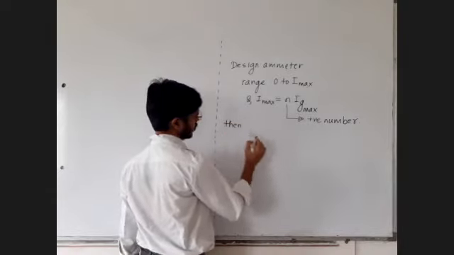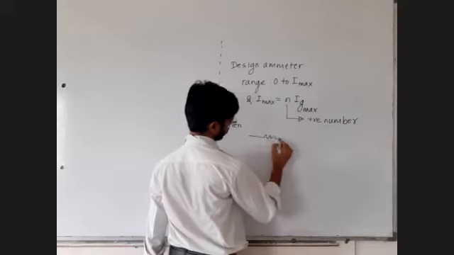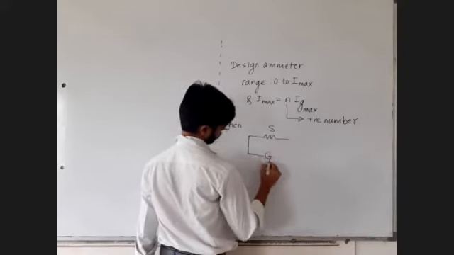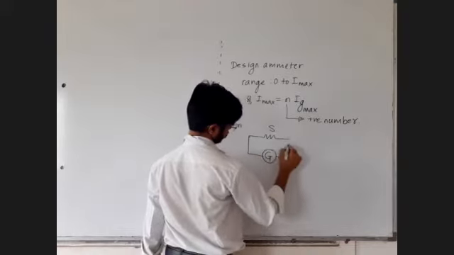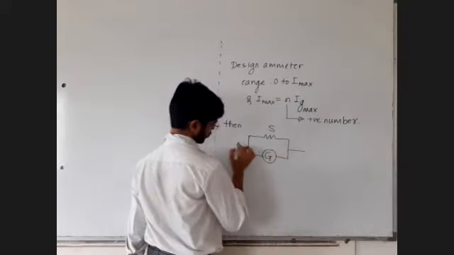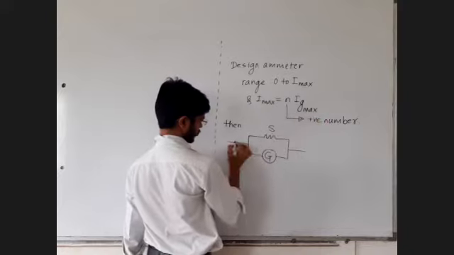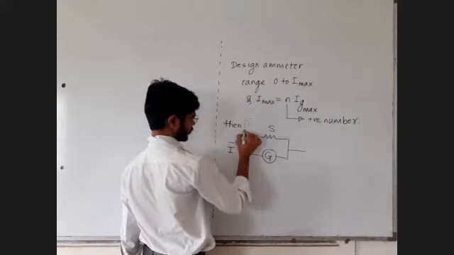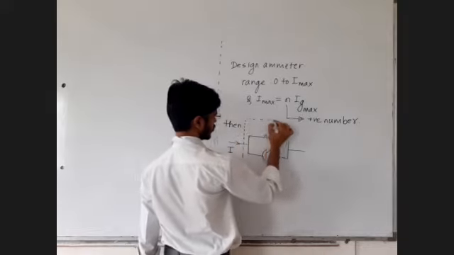Then let's draw the diagram once again. Shunt, then galvanometer. This is the total current I entering the ammeter. This complete device is called an ammeter.